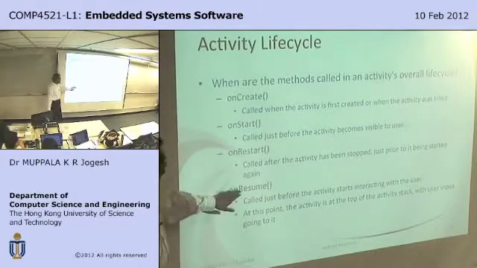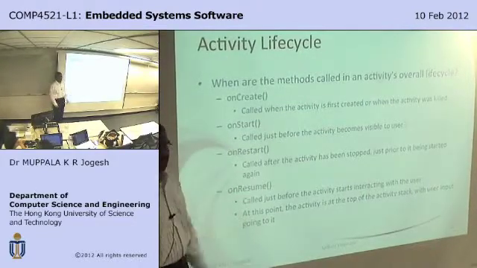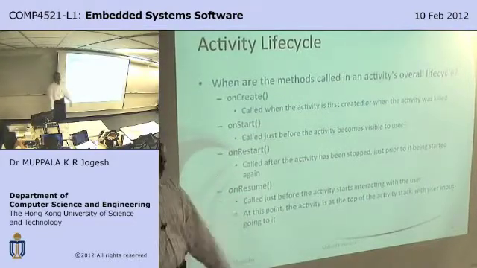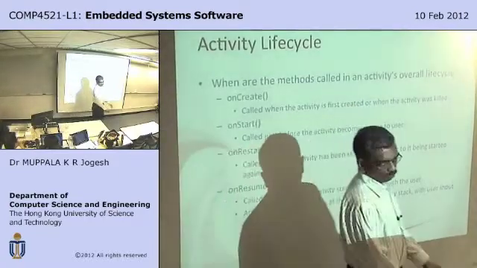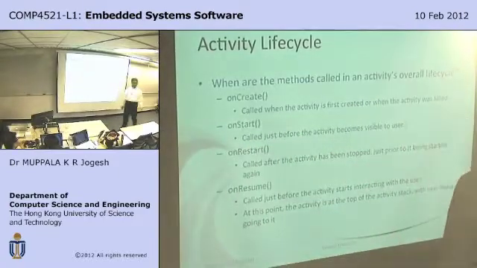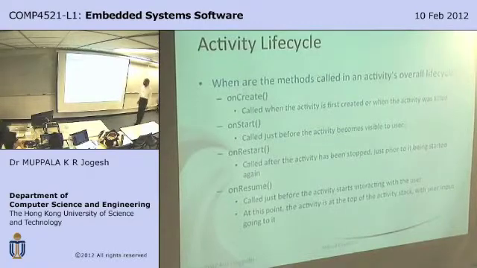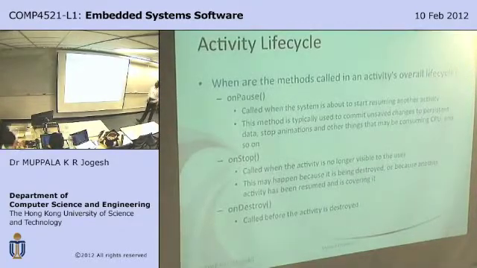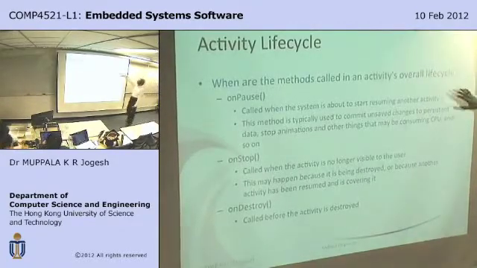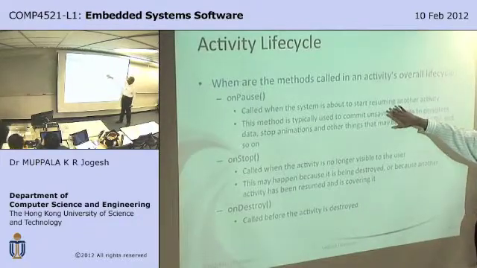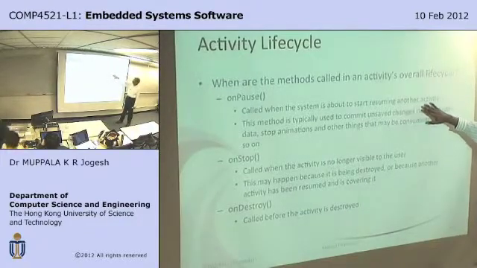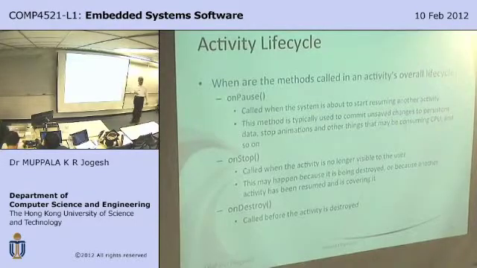So after onResume finishes, the activity is occupying the screen, and it is the one that is going to respond to anything that you do on the screen. Okay? onPause is called when the system is about to start resuming another activity.